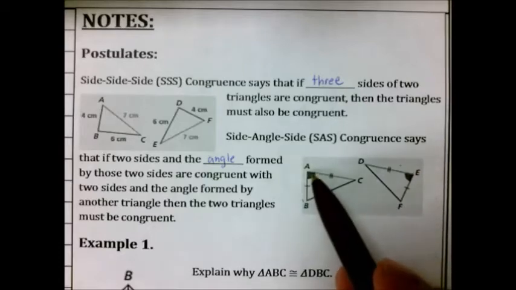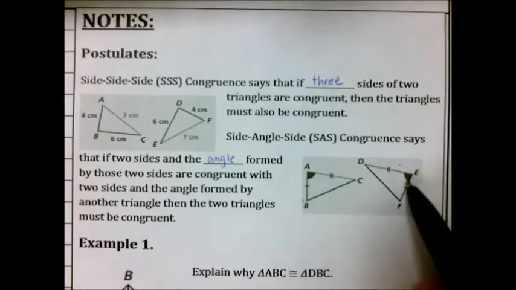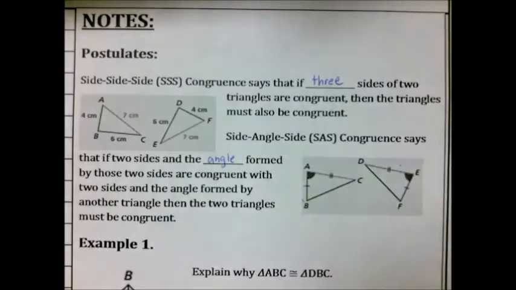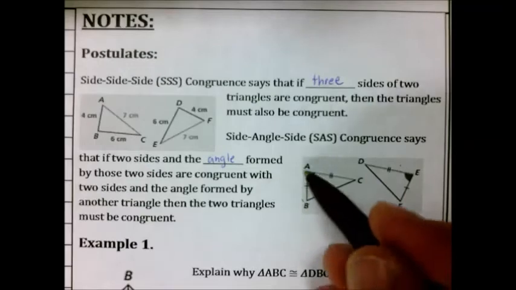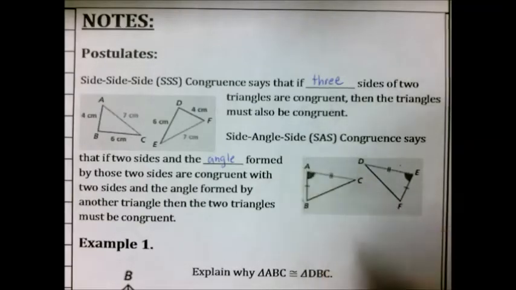We've got this angle right here at A, the angle here at E, and the line AC is congruent to ED or DE. That means that those two triangles have to be congruent because we have two sides and the angle in between that's made by these two sides that are congruent to one another. Therefore, they have to be congruent triangles.